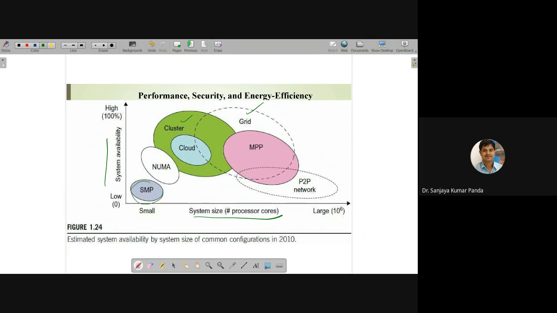But the symmetric multiprocessor's system size is also small, meaning the number of cores is small, and availability is also less. In the NUMA architecture case, the number of processors is also small, and system availability is better than SMP, but not better than the other types of systems. Like that, you have several systems. You can compare each system with the others and calculate their system availability based upon the number of cores varying in a particular range. Okay, we'll stop here. If you have any questions, you can ask.